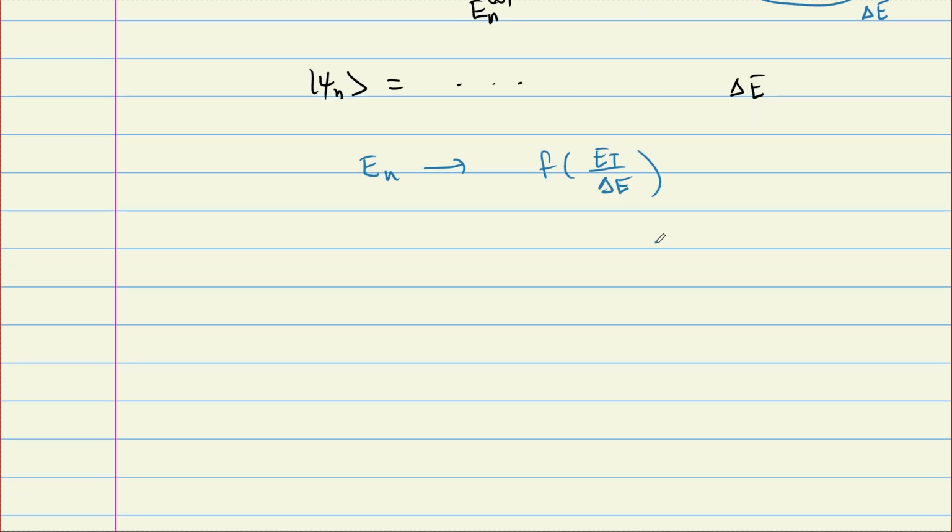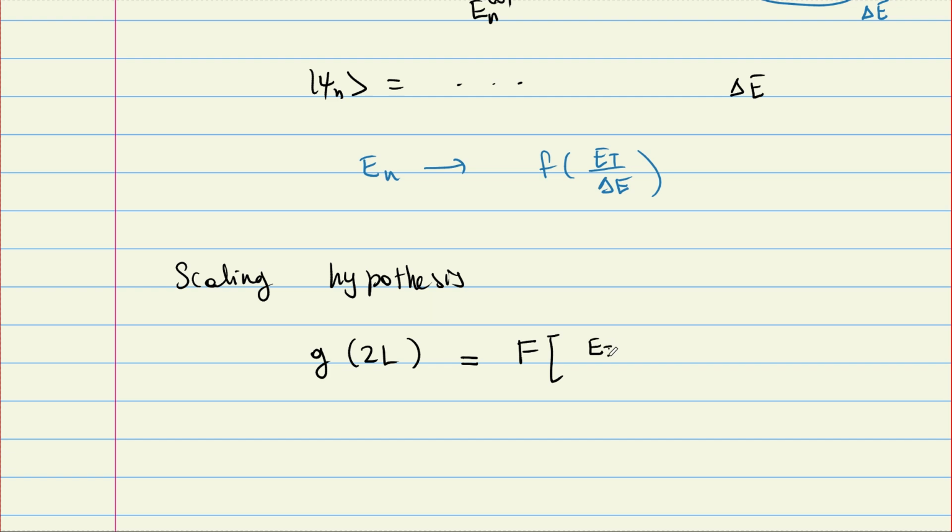Then, here is the scaling hypothesis. This G of 2L, which is an observable of a 2 to the D block sample, is going to be a function of E Thouless of the size L system divided by delta E of the size L system, and it is going to be only a function of this, because this is the dimensionless conductance, F of G of L. So G of 2L depends on G of L and nothing else.